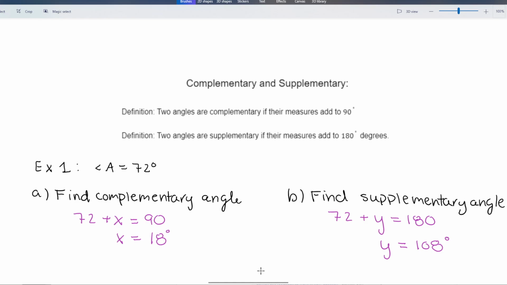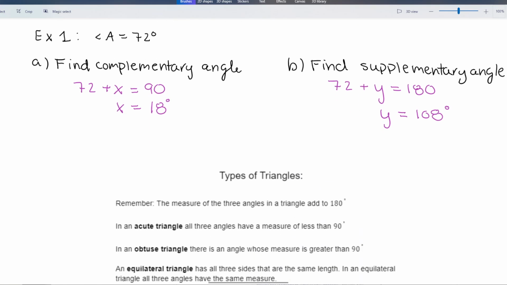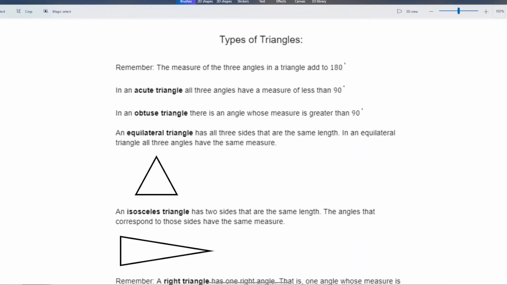Okay, so let's move on to the definition of some different types of triangles that we are going to encounter. We talked about in class last time that the measure of the three angles in a triangle add up to 180 degrees. We're going to talk about first two types of triangles that just have to do with angle measure.